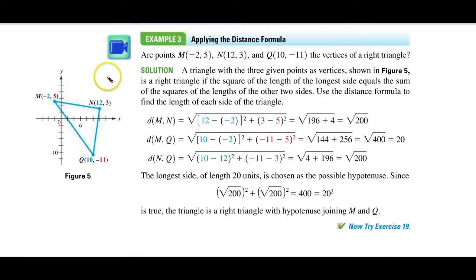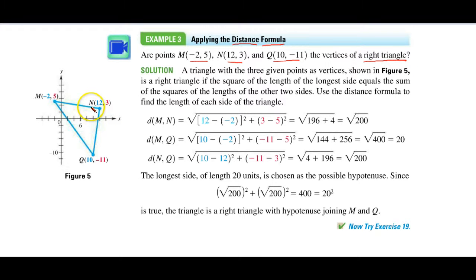Now, in this example 3, you're going to be using the skill you just worked on, that is the distance formula, and they're giving you 3 sets of points. And on a graph it would look like so. And they're asking you whether these would be the corners of a right triangle.